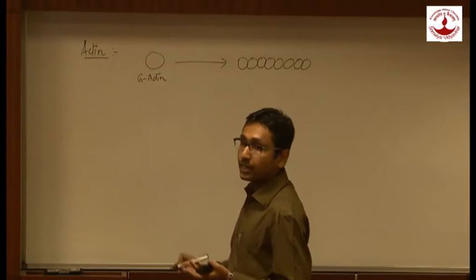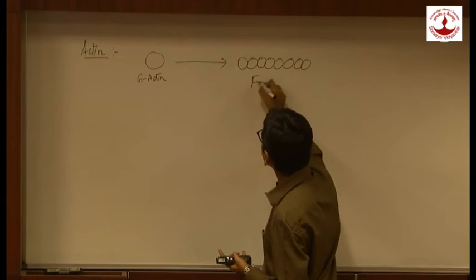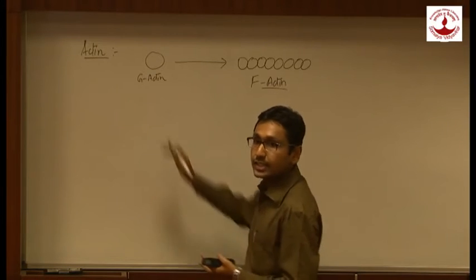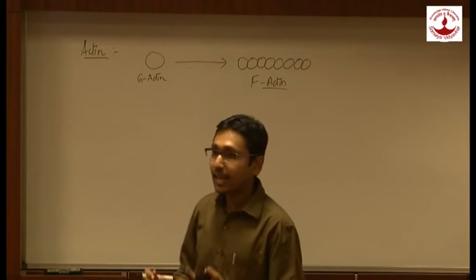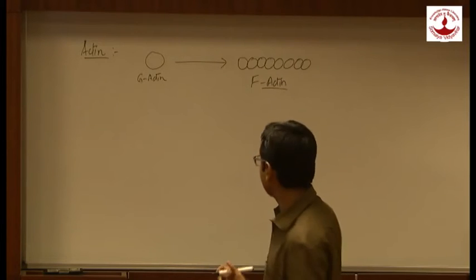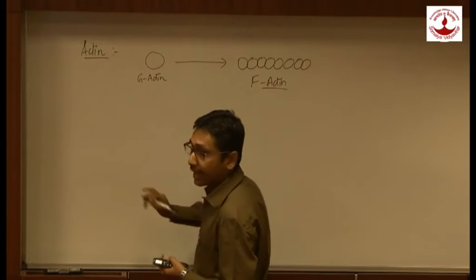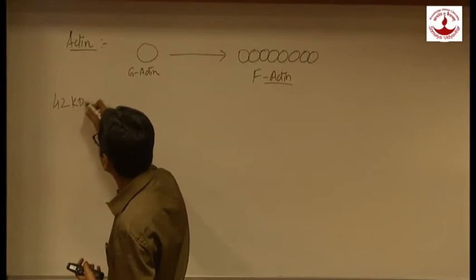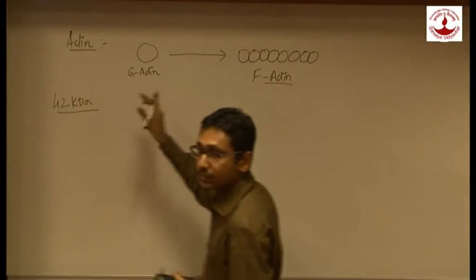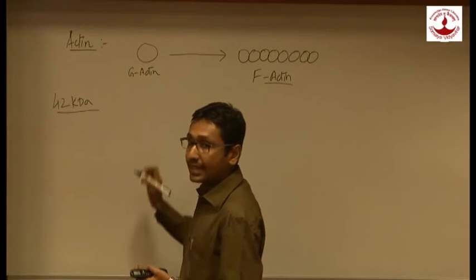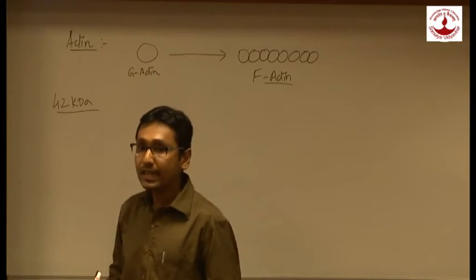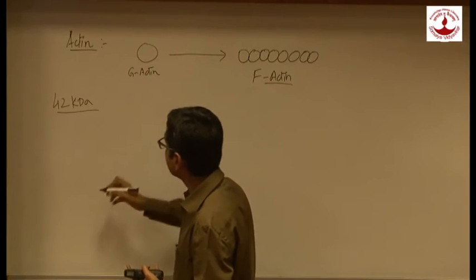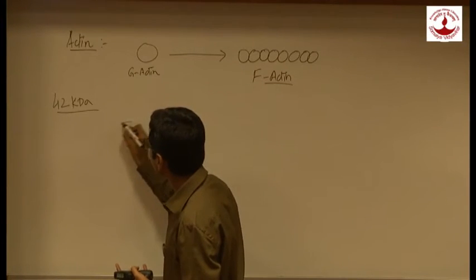This polymeric form is often referred to as F-actin. G stands for the globular form of actin, and F stands for the filamentous form of actin. This actin is a 42 kilodalton monomer, the G-actin.